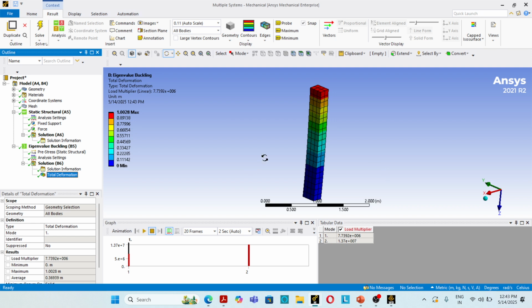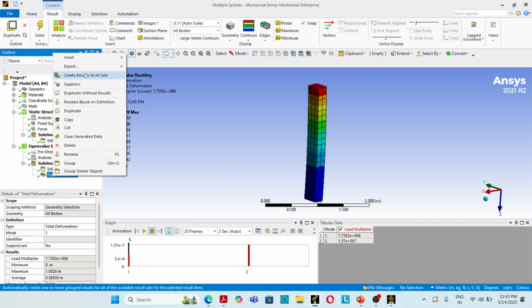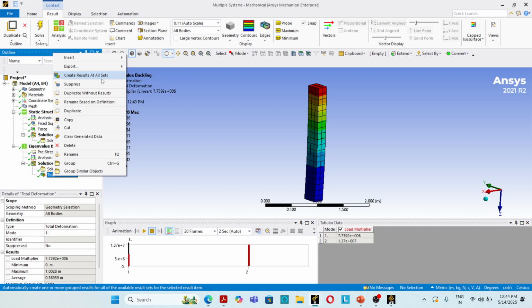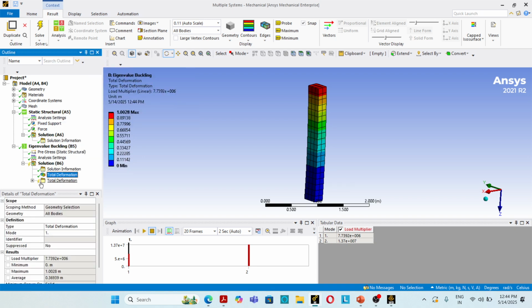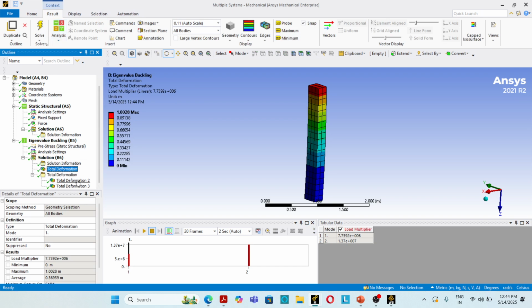Suppose we want to find the total deformation. This is the total deformation, and we have 2 modes.